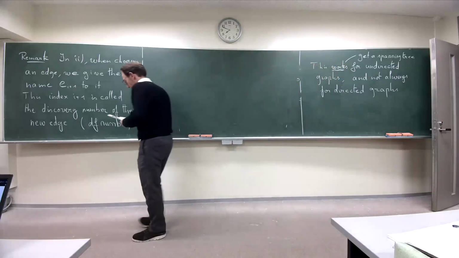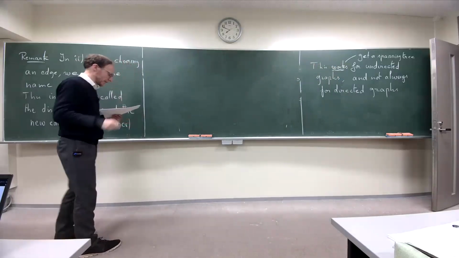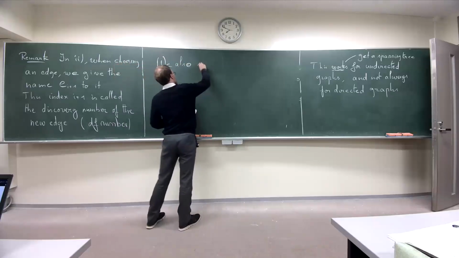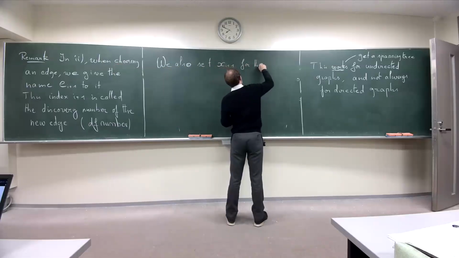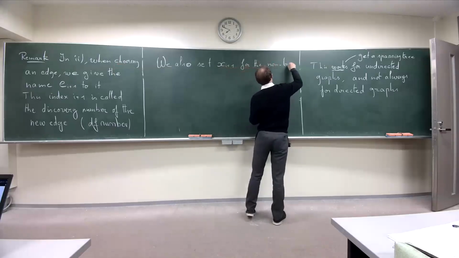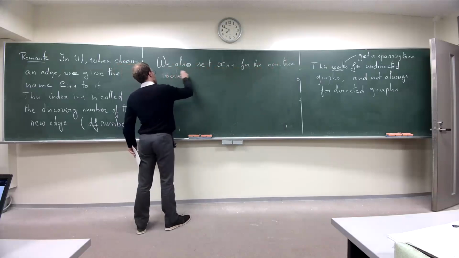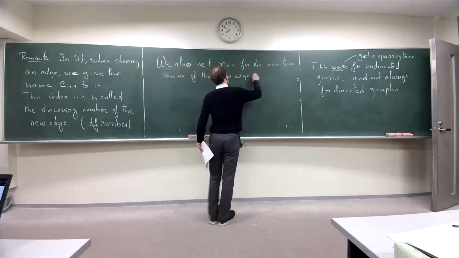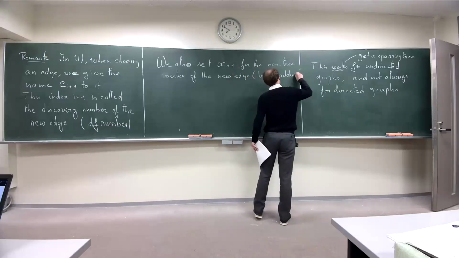Okay, so I introduce this DF number. And we also set X i plus 1 for the non-tree vertex of the new edge before adding it to the tree.